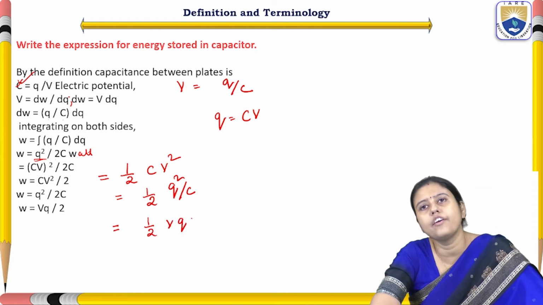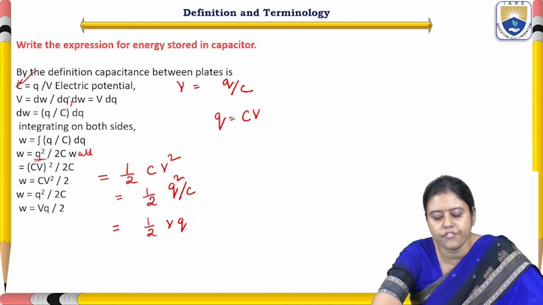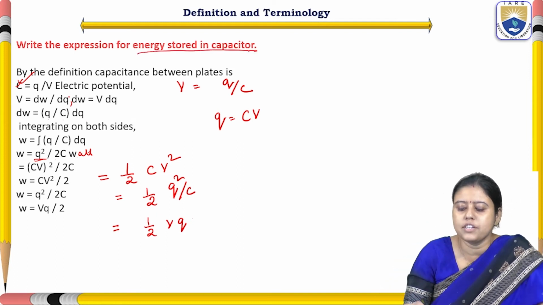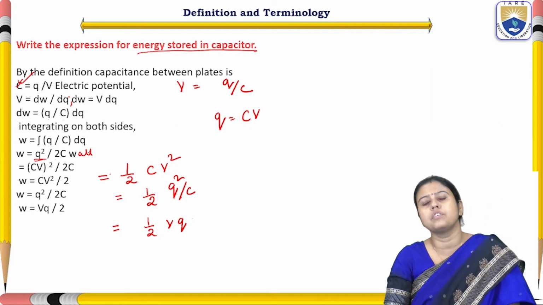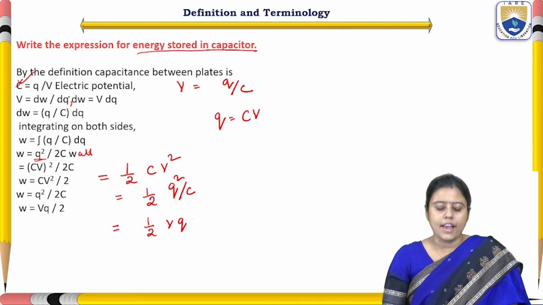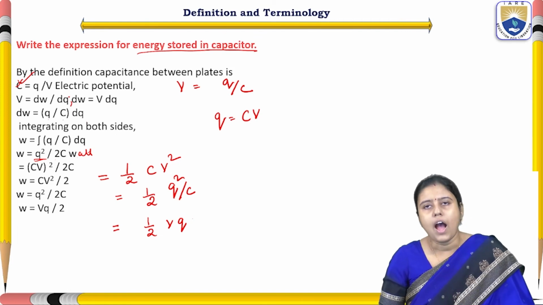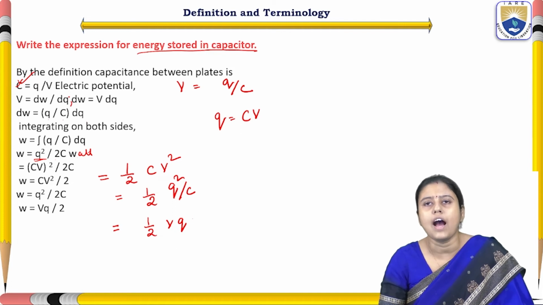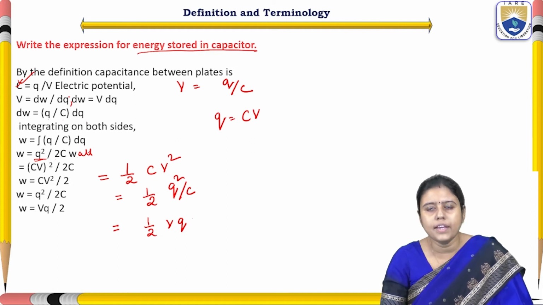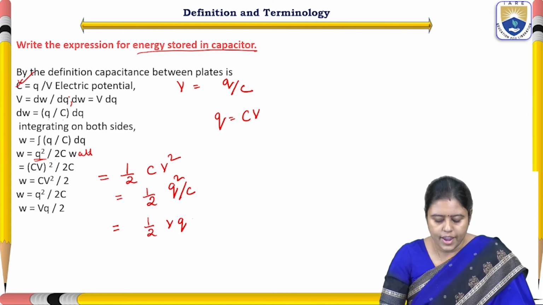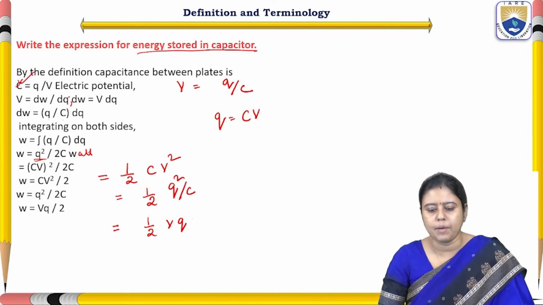So there are different definitions of the energy stored in the capacitor. The first definition, which we use more, is half C V square, or we can write half Q square by C, or half into V into Q. So these are the definitions of the energy stored in the capacitor.